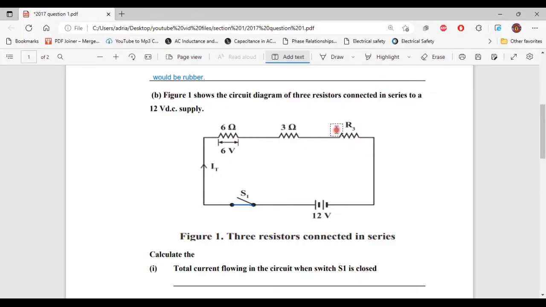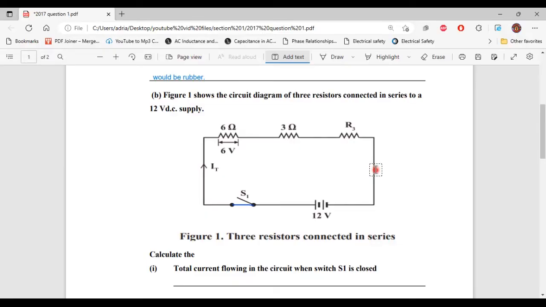Now, remember, for a series circuit, the current is constant, right? So if we were to go at this point here in the circuit, or this point, or this point, or this point, we will get the same current value.